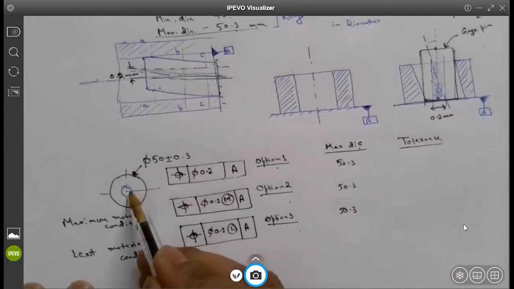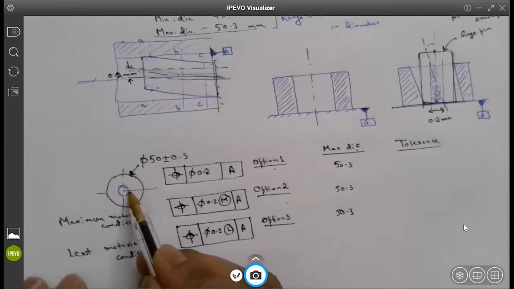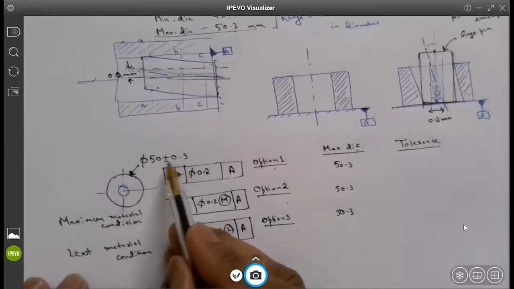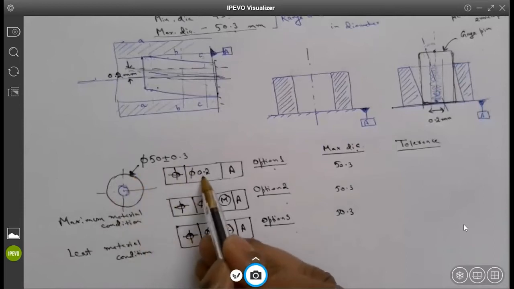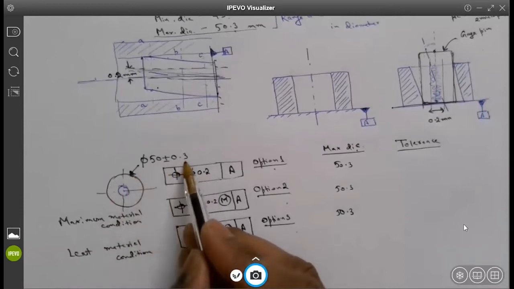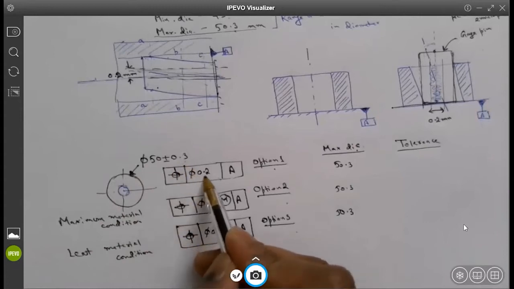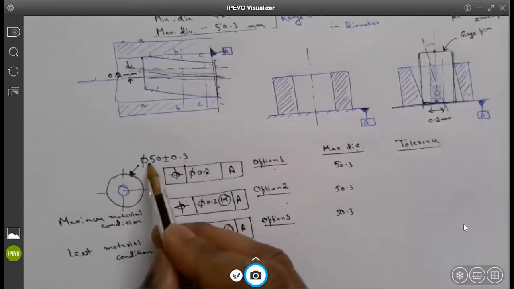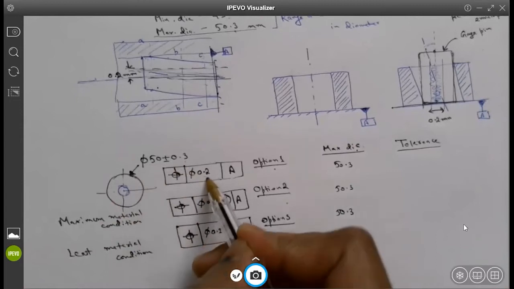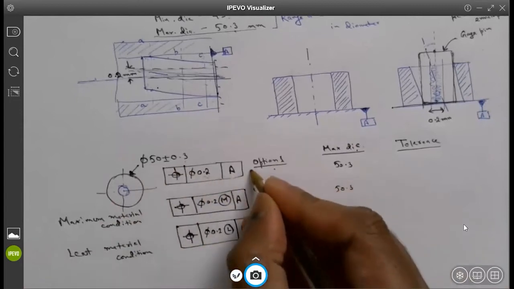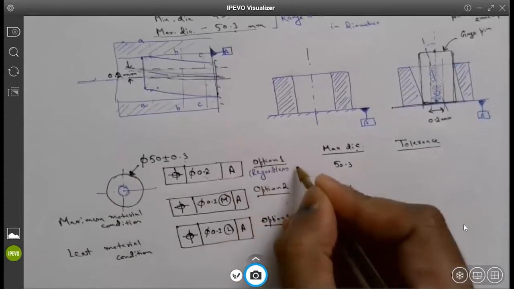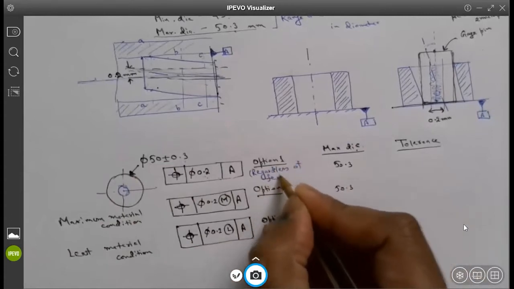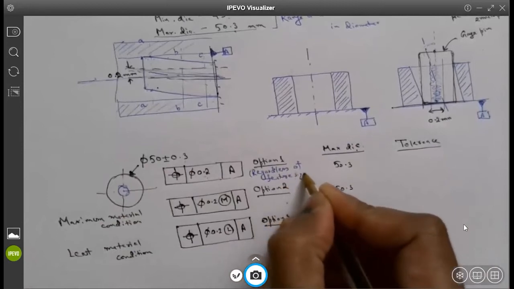Option number 1 is saying that this tolerance zone has a diameter of 0.2 millimeters, irrespective of whatever the size is. If the size of this cylinder is 50 millimeters, the tolerance remains this. If the size is 50.3 millimeters, the tolerance still remains this. If the size is 49.7 millimeters, the tolerance also remains this. So option 1 is called regardless of feature size, or RFS.